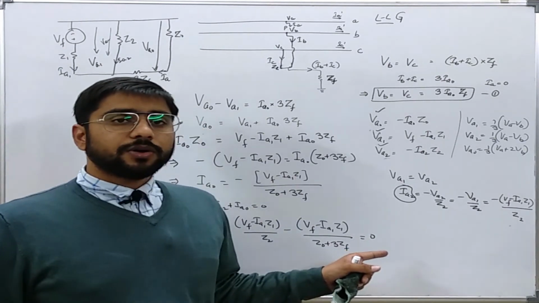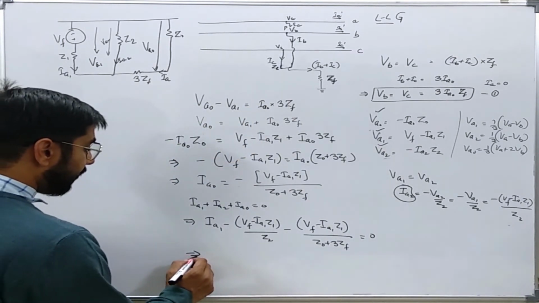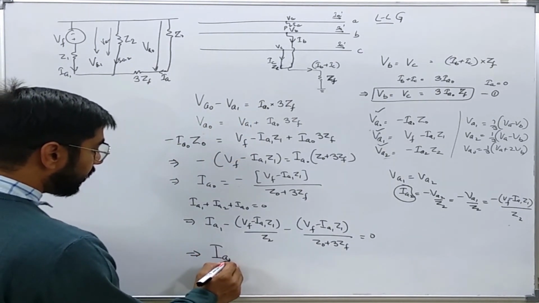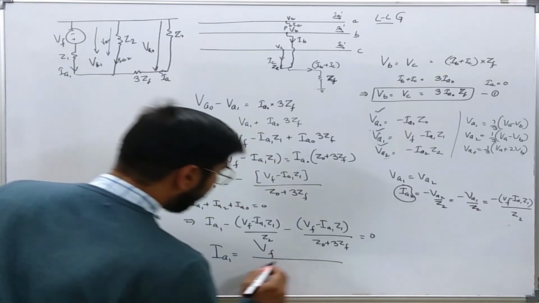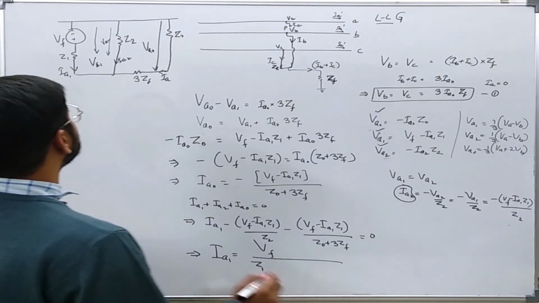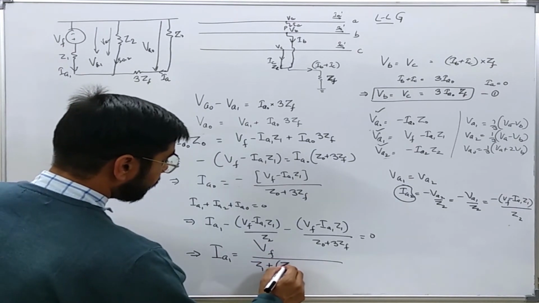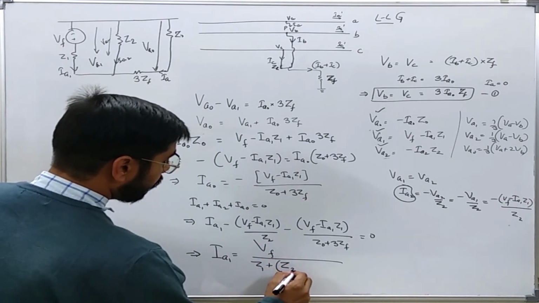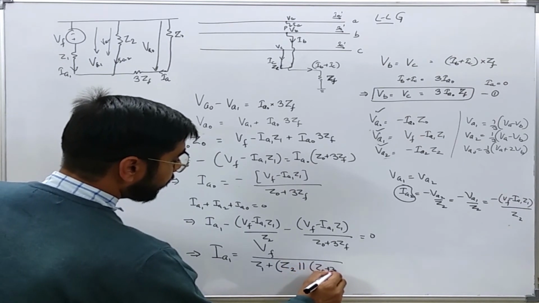Now on solving, we will see that Ia1 can be written as Vf divided by Z1 plus Z2 in parallel with Z0 plus 3Zf.